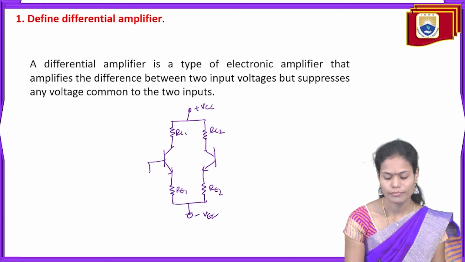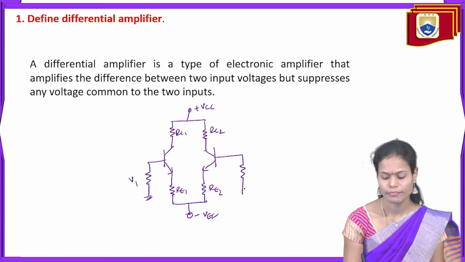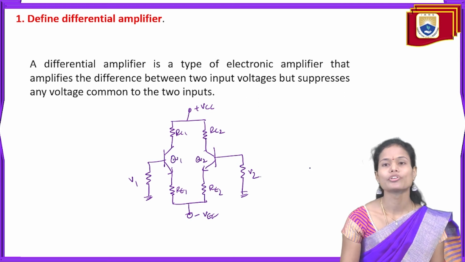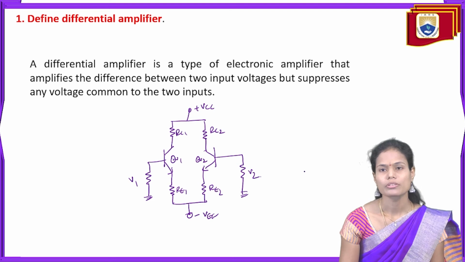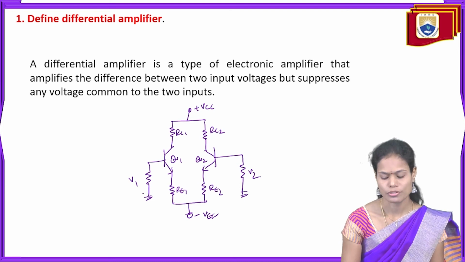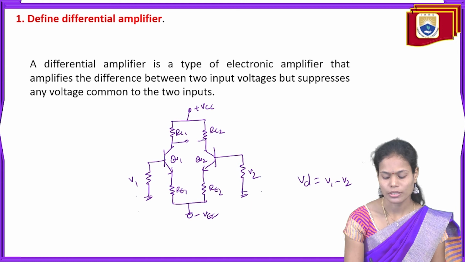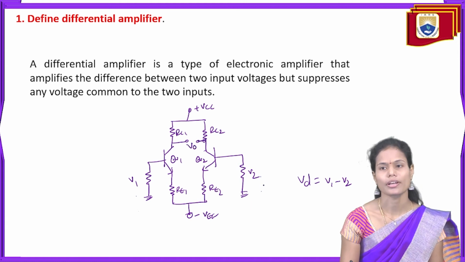So here we need to apply V1 here, need to apply V2 here. This is the Q1 transistor and Q2 transistor here. So the function of the differential amplifier, it is to take the difference of the two voltages we are applying here, V1 minus V2. So the output we are measuring across the collectors of the transistor.